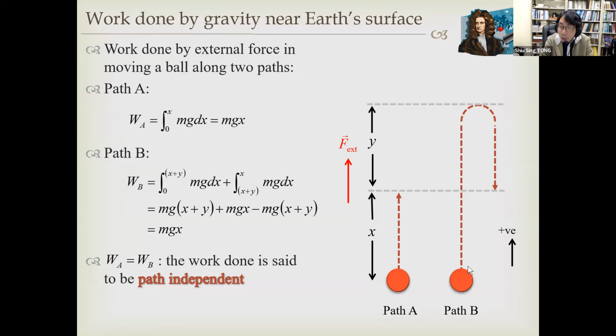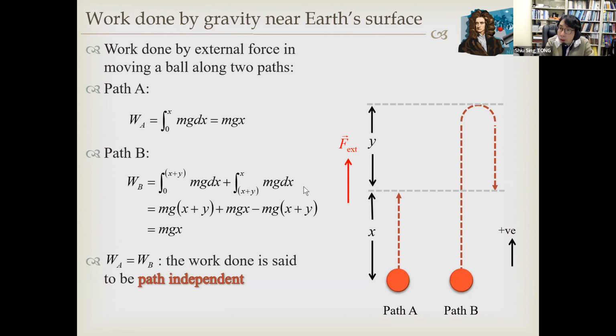Now, suppose I do it in another way. I first overshoot the final position by a height y. This y is above the final position, and then I go back to the final position. So I can divide the work done into two steps. The first step, I go from 0 to x plus y, and then I go from x plus y to the final position x.